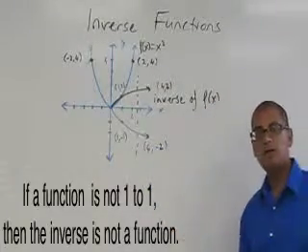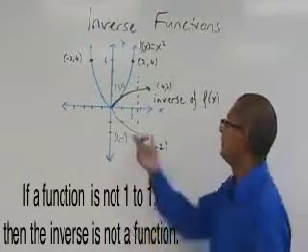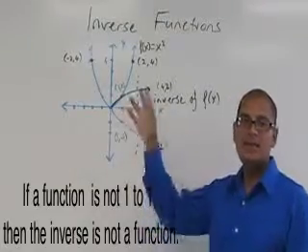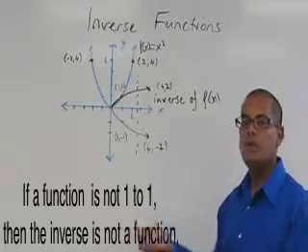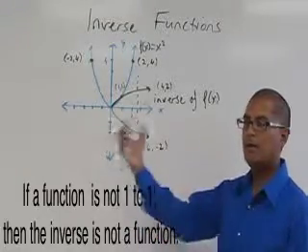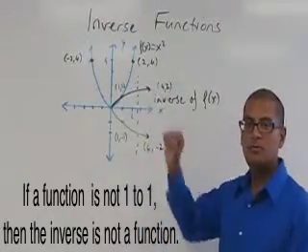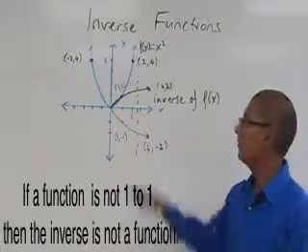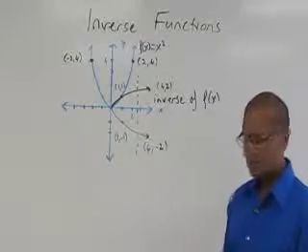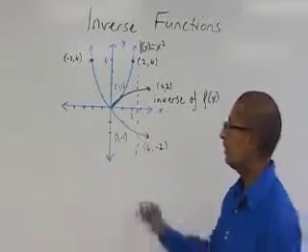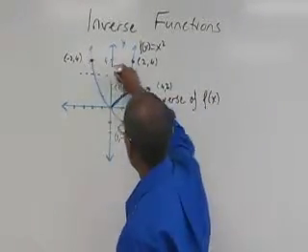So in my original function, 2 different inputs give me that same output of 4, which is fine for a function. But it's not one-to-one. My output of 4 doesn't correspond to one input. So this is not a one-to-one function, and the easy way of thinking of it is that it doesn't pass what we call the horizontal line test.